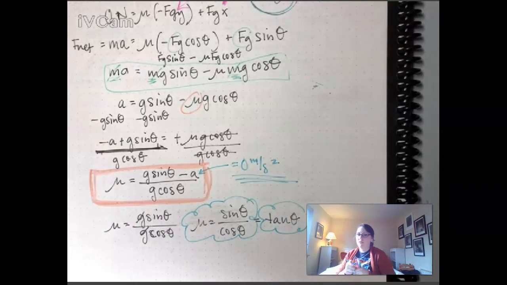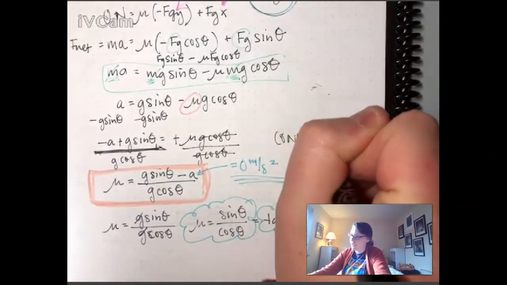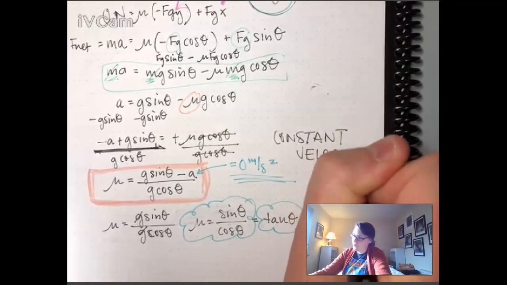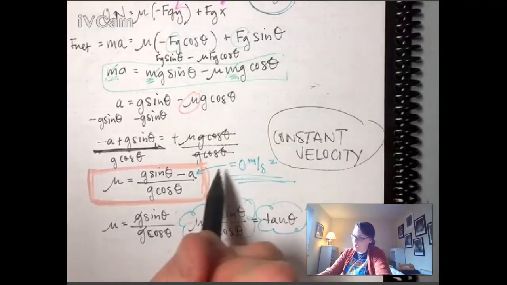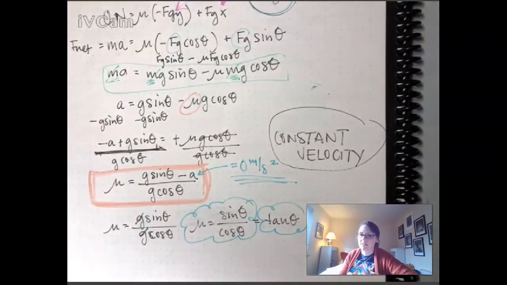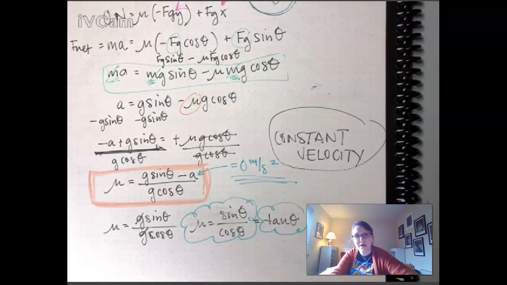You have to get constant velocity in your lab if you want to be able to use this equation. Otherwise, you need to measure your acceleration and use this equation in the orange box instead. There you go, everybody. That would be the math for how to do it.